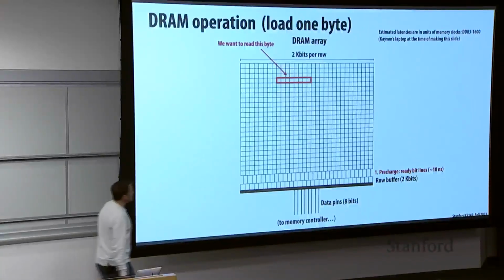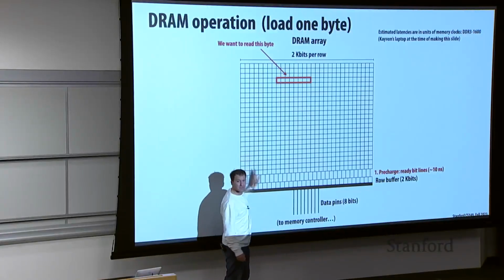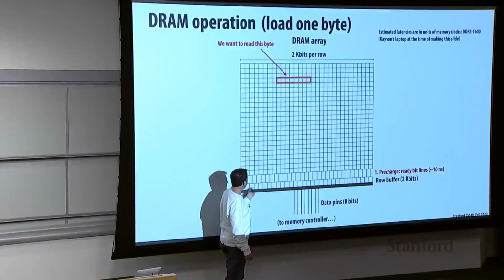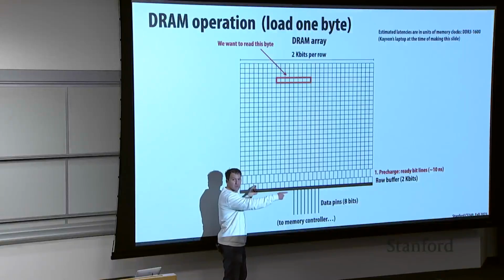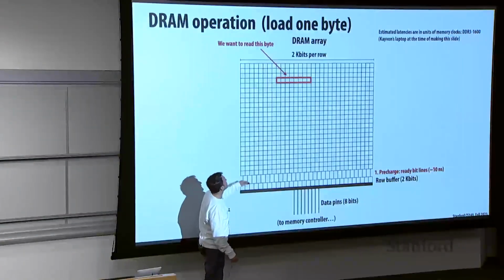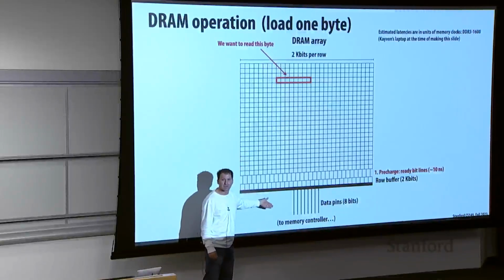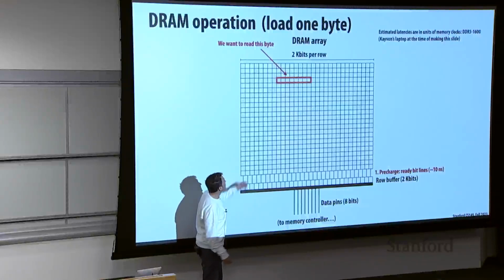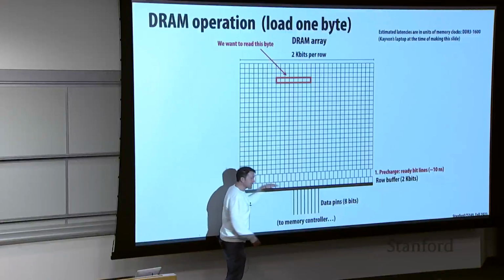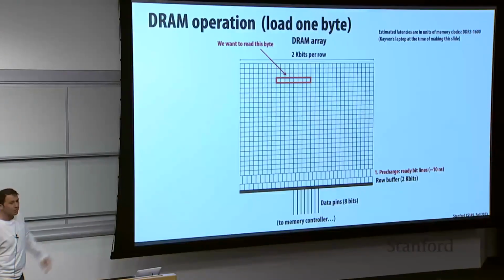There are these bit lines, these wires that go all the way through the chip, that are supposed to read off the voltage in those cells and communicate that voltage from one row into the row buffer. If this was software, I would say we need to make a copy of the data in one of these rows and put it in the row buffer. But making that copy is actually communicating electrical voltage down these wires. So we have to set these wires to a known amount. That's the pre-charge, and that takes some time.